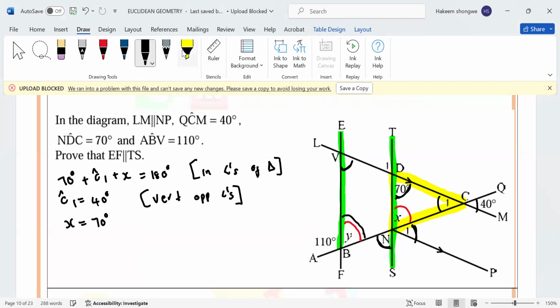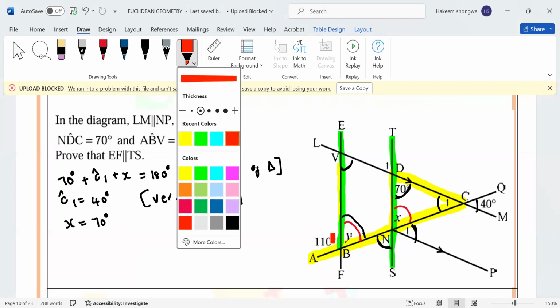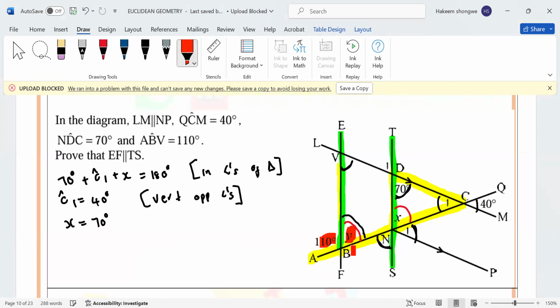Our Y lies on a straight line. Check AN. AN is a straight line, right? Then you have a line that crosses that straight line. So meaning that this angle plus this angle is 180, right?